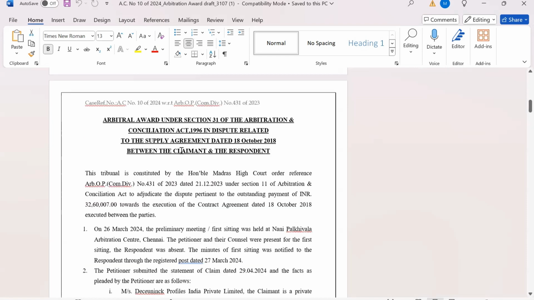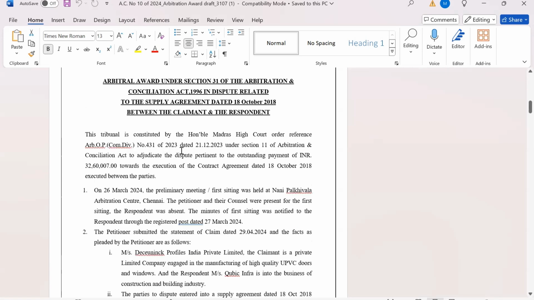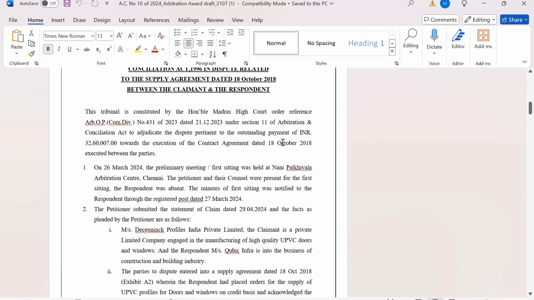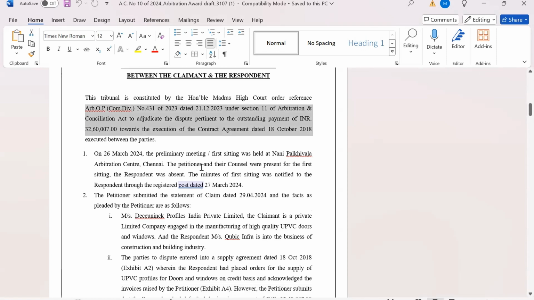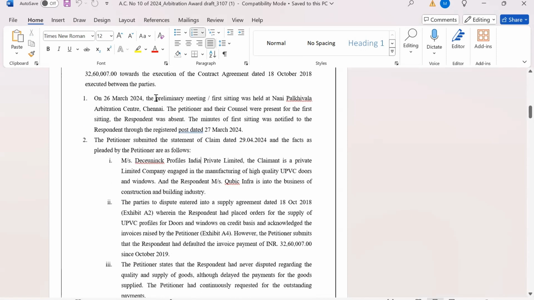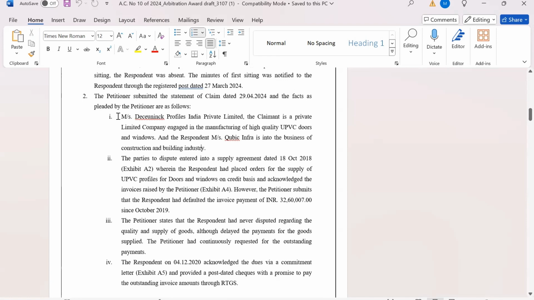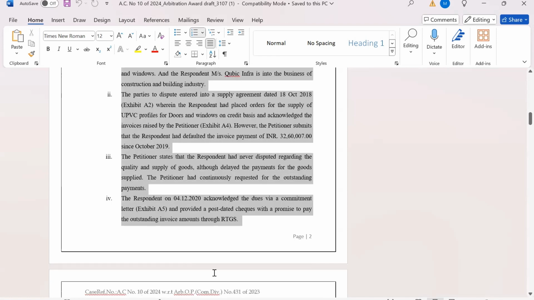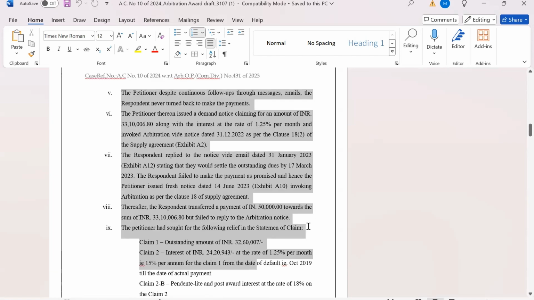The preliminary meeting date, everything is mentioned, and the facts of the disputes, that is, the claim and submission, have been recorded here.